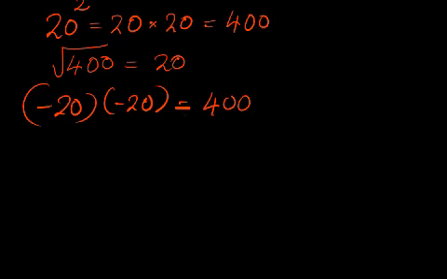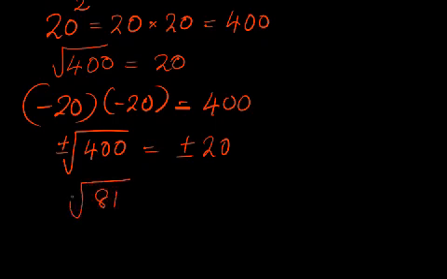So if you see a question like plus or minus root of 400, then we can write it as plus or minus 20. That means it can be either positive 20 or negative 20. Okay. One more example, plus or minus square root of 81 means it can be either positive 9 or negative 9.